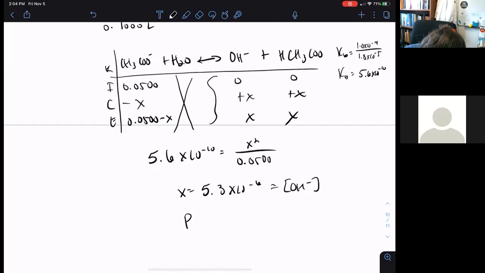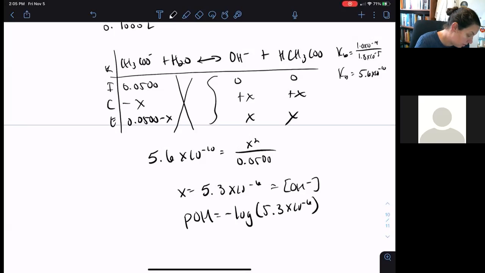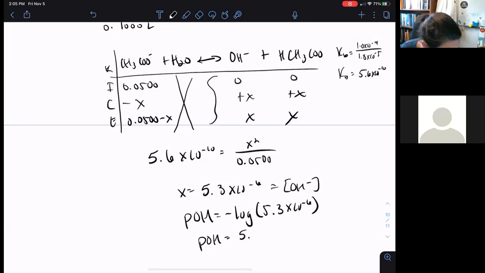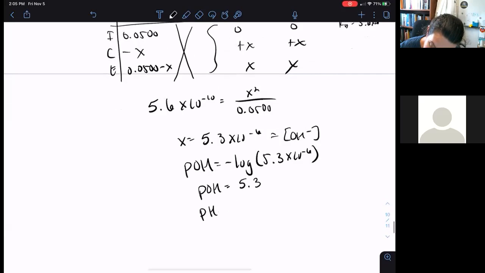So we do pOH is equal to negative log 5.3 times 10 to the negative 6. Giving us a pOH equal to 5.3 and a pH equal to 8.7.